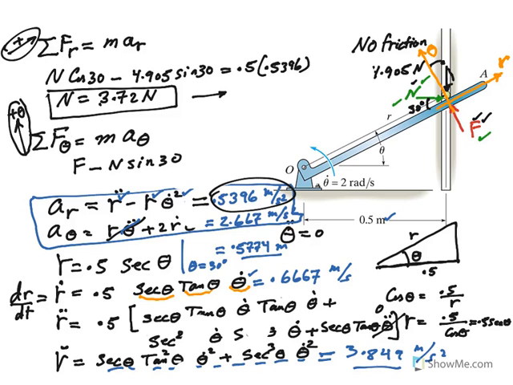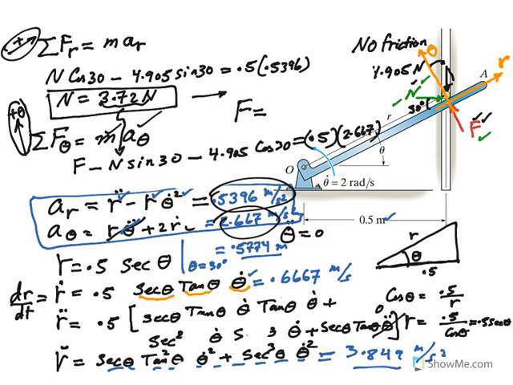Keep in mind that you know what N is, and you can plug it in here. And then the weight also has a component, which would be 4.905 times cosine 30, equal to mass times acceleration, 0.5 times what acceleration? This one, transverse acceleration. Okay, guys, sorry it's getting too messy here, but you can go ahead and calculate the force, and that happens to be 7.44 newtons.